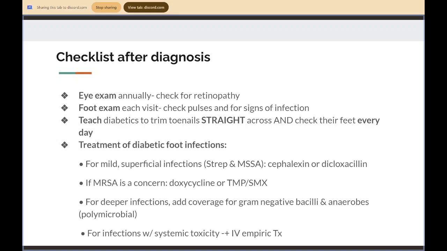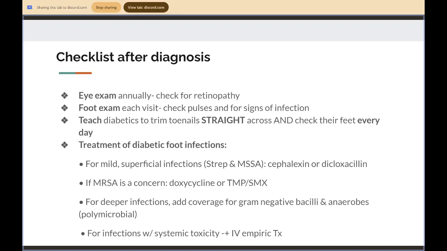Now, with peripheral neuropathy, they'll lose feeling and they'll lose sensation. So it may be hot outside and they walk outside barefoot and burn their feet. They may go outside and step on something and not know because they've lost feeling, and that can lead to an infection. That's another guideline: you never go anywhere barefoot for diabetics.